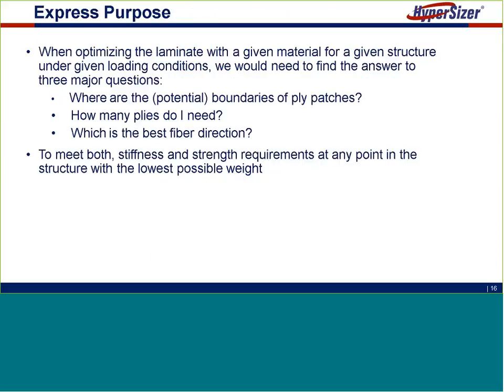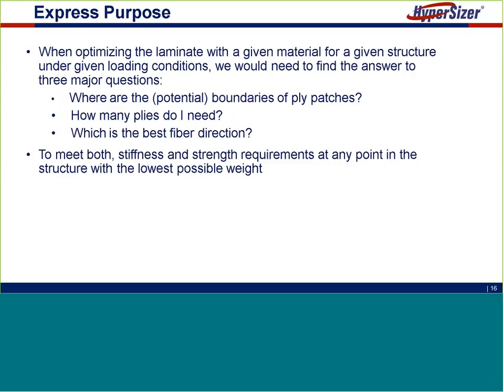So the purpose of the software really would be to give you an optimum solution under given loading conditions. And of course, these are the primary questions you want the software to answer for you. The first would be, what are the best potential boundaries of the ply patches?